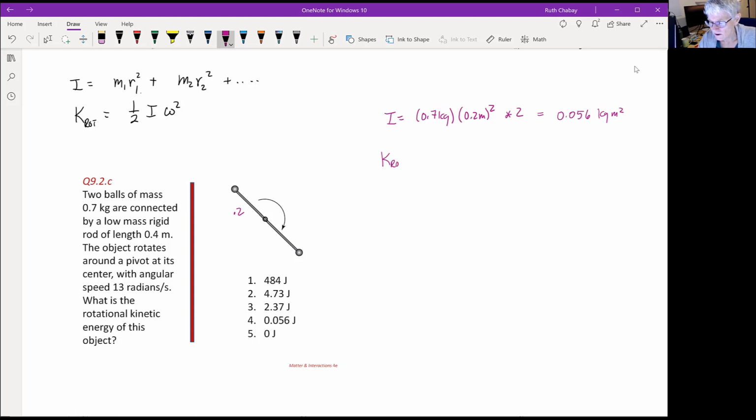Then the rotational kinetic energy was a half I omega squared, which was 0.5 times what we got above, 0.056 kilogram meters squared, times the angular speed, which is given to us as 13 radians per second, squared, and we got 4.73 joules. Okay, so well done. Good job.